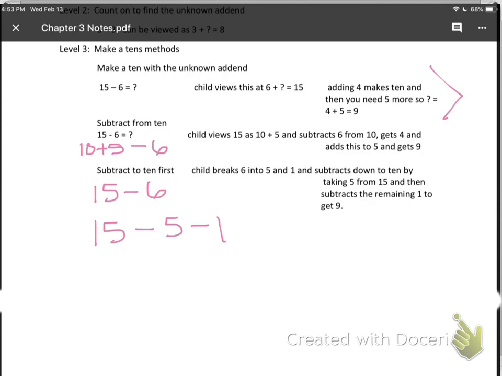You subtract the 5 from the 15, that gives you 10, minus the 1 is 9. So all of these methods work. Sometimes one method is easier than the other given the numbers, but it's a very nice drill for your kids to think about these patterns and why they work and if they work. And it'll make them much more flexible in terms of their math approach.